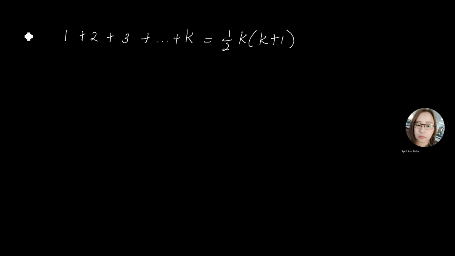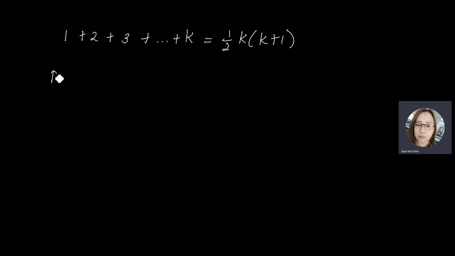So we have 1 plus 2 plus 3 plus like that, up to k equals 1 half k times k plus 1. Remember, this portion is the induction hypothesis.